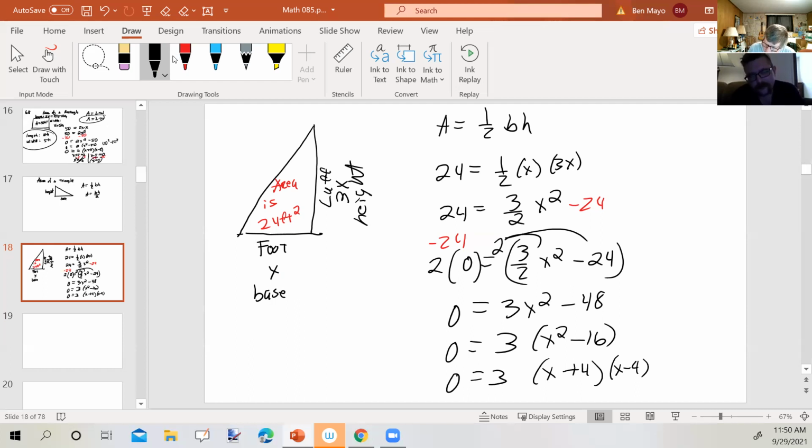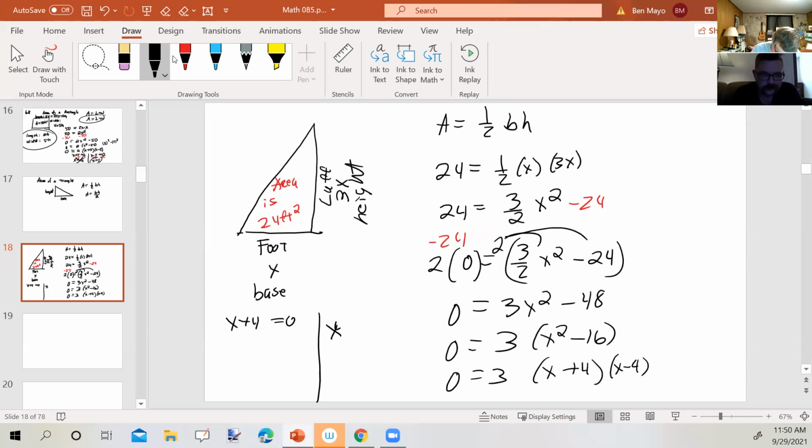So I'm going to ignore the 3, or I could divide both sides by 3 and just get rid of it. So x plus 4 equals 0, x minus 4 equals 0. If x plus 4 equals 0, subtracting 4 from both sides, we get x equals -4. X minus 4 equals 0, add 4 to both sides, we get x equals 4.